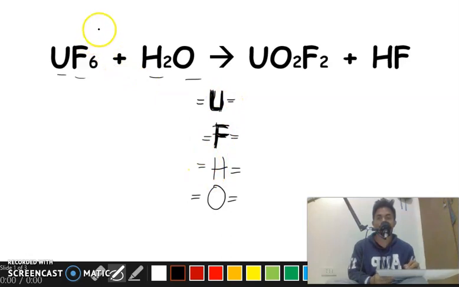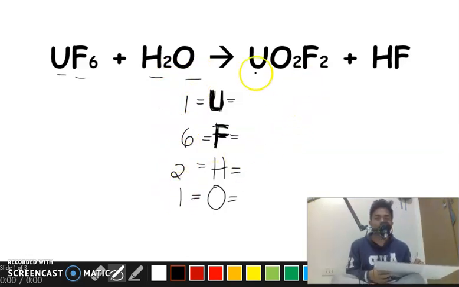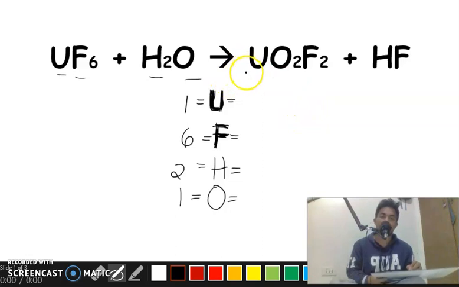So for example, we're going to count the number of substances now per side. For the reactant, you have 1 uranium, 6 fluorine, 2 hydrogen, and 1 oxygen. Another thing that you can do now is count the product side. How many uranium?